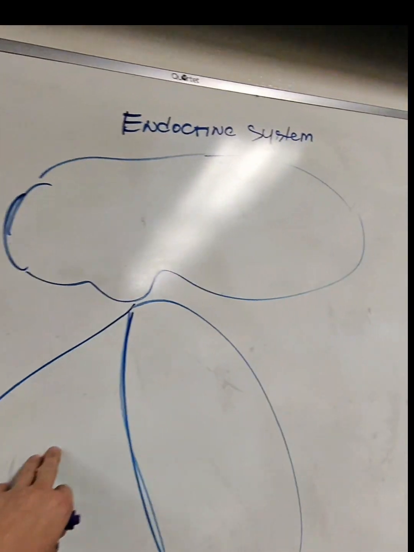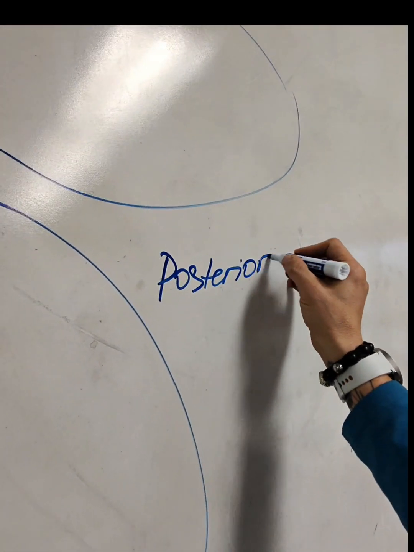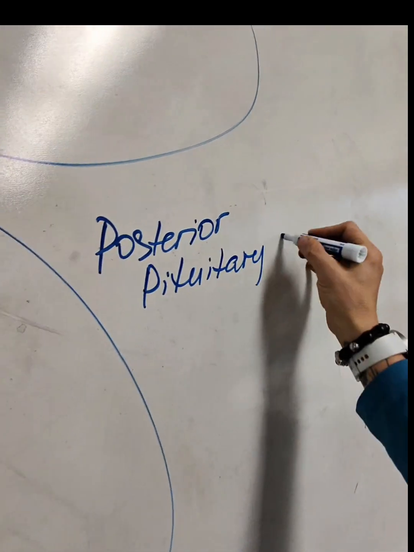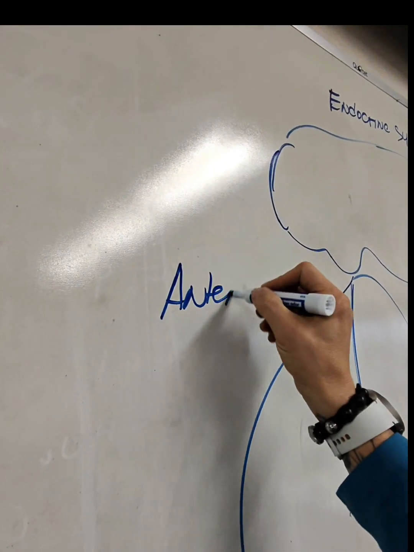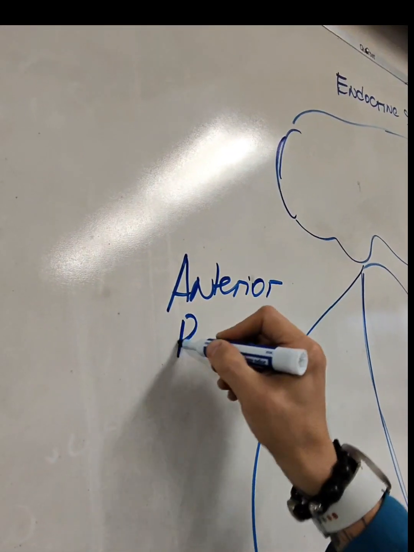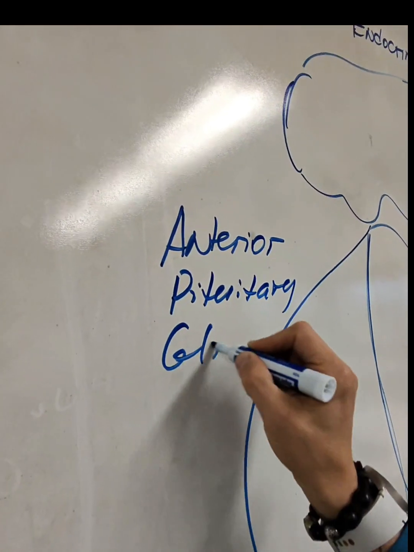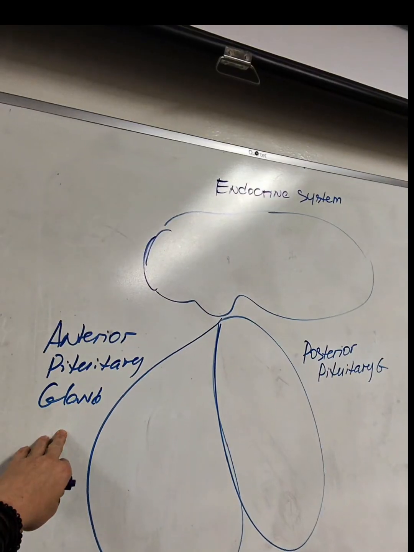With the pituitary gland, we have a posterior pituitary gland, and we have anterior pituitary gland. This is a true endocrine gland.